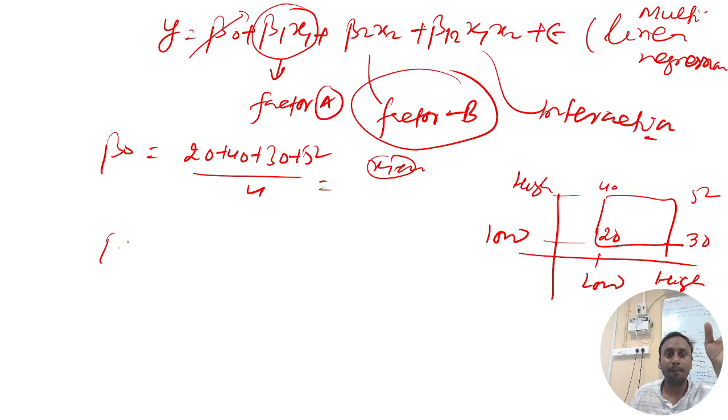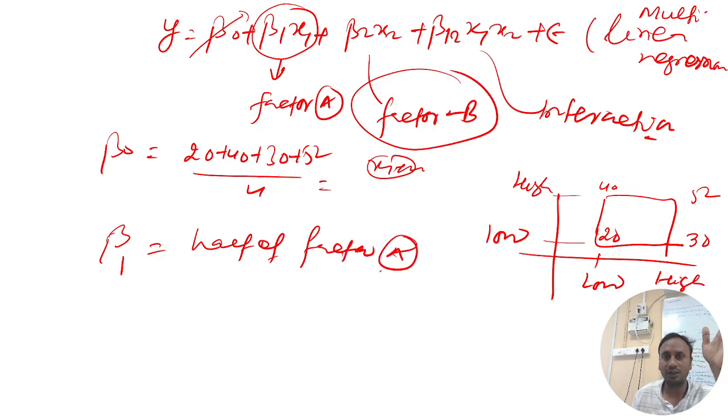Then beta 1 is actually for factor A. It's half of the factor A value. So what is factor A? It is the average difference between the high and low. This is the high, this is the low.